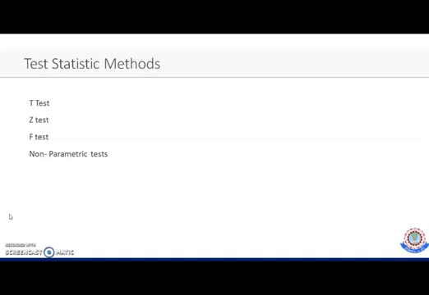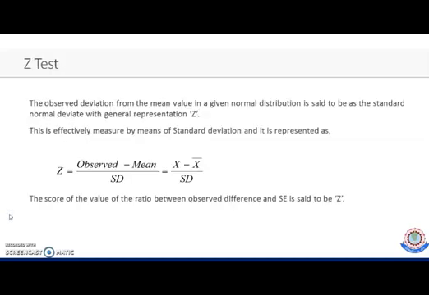Now we are going to explore the basics and the functional parameters corresponding to z-test. The z-test focuses on the deviation from the mean in a normal distribution, which is called a relative or standard deviate and represented using the symbol z.